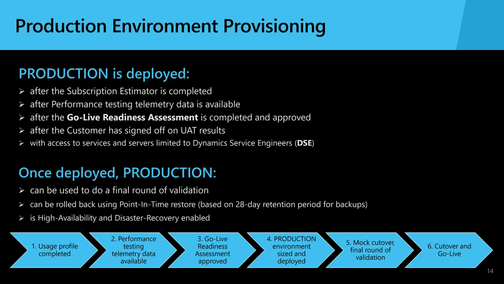The go-live readiness checklist will be submitted, and the assessment will then be prepared and shared with you, and we'll reach mutual agreement on the readiness there. At that point, the production environment can be requested, sized, and deployed. Thereafter, we strongly encourage that you perform a mock cutover and do a final round of validation before using the point-in-time restore capability to roll that back and/or re-execute your cutover activities and actually go live.